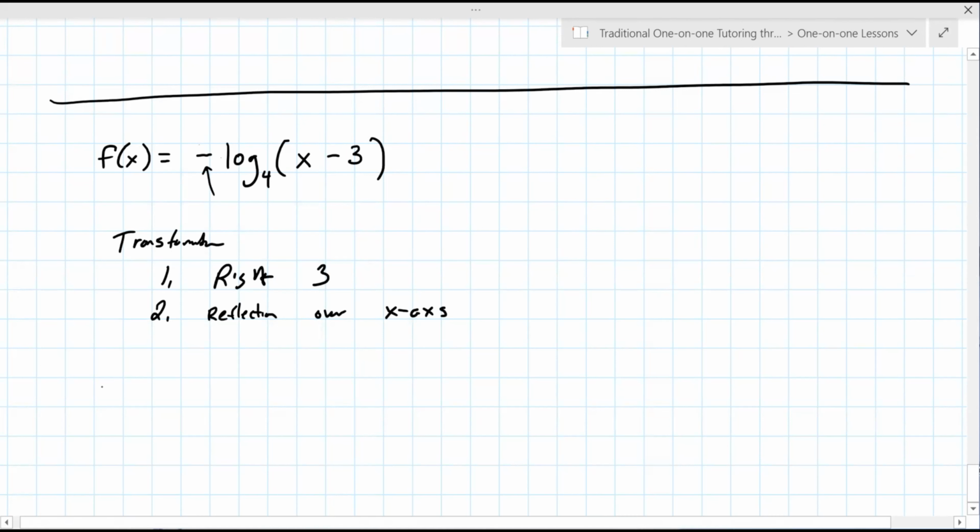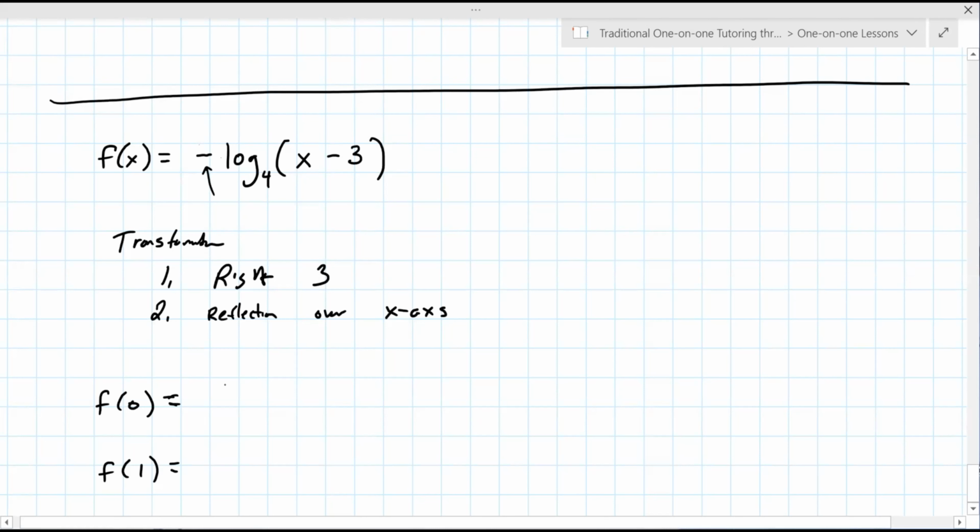Okay, fantastic. So now I want you to find f of 0 and f of 1. F of 0 is -3.